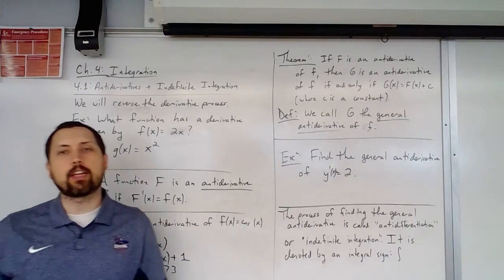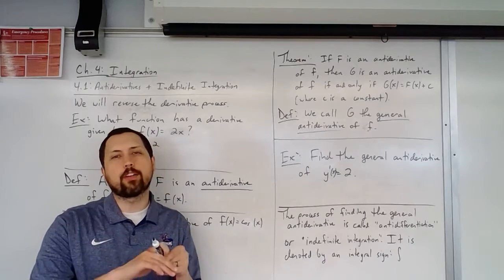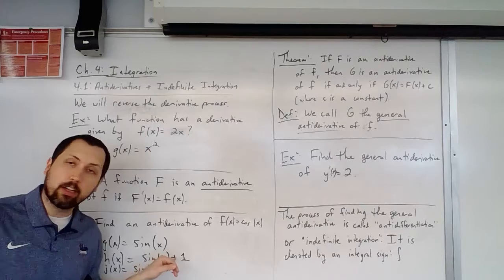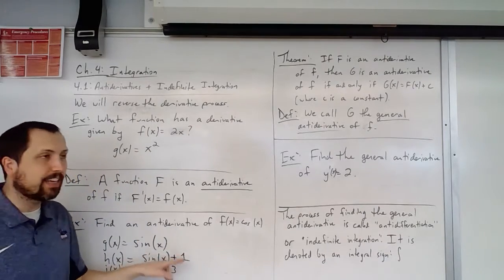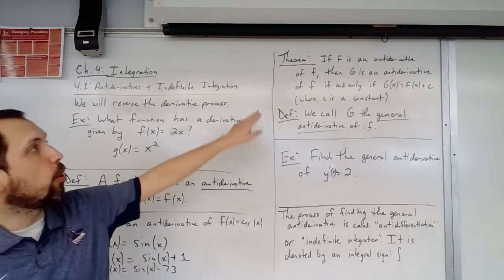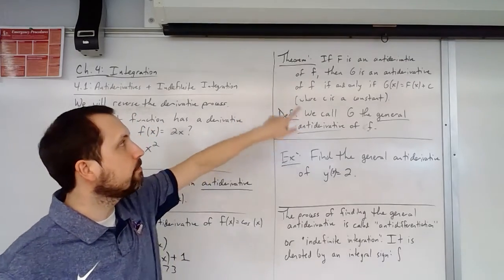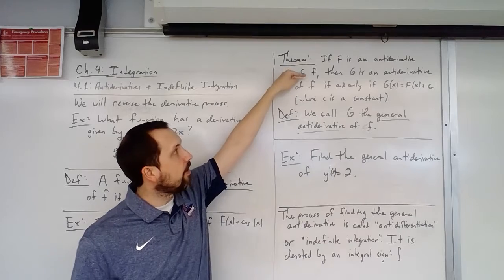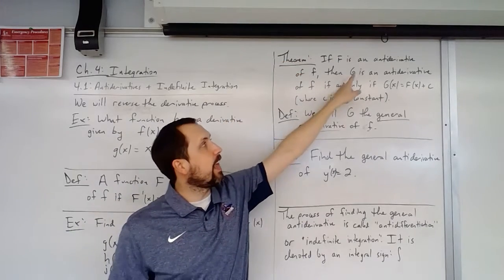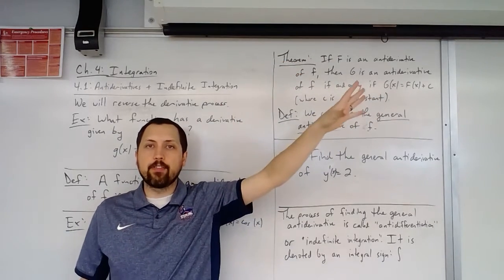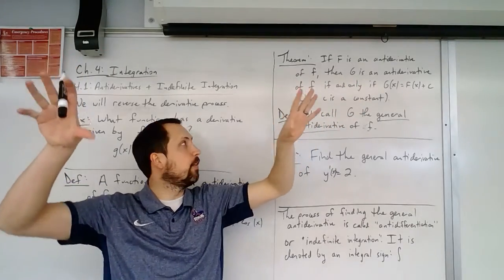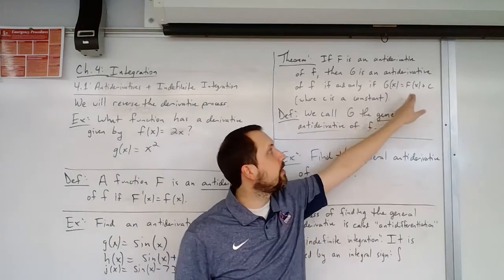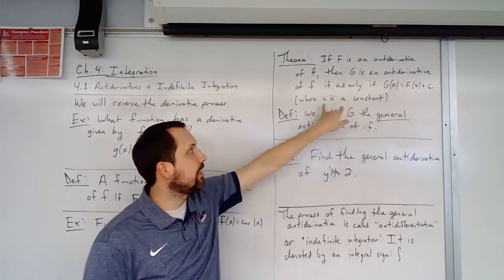Now, obviously, that's going to get really complicated if we allow there to be all different types of numbers at the end of this, right? Because I could also have plus 60, plus 193. There's a whole bunch of those. So we have this theorem that says that if this capital F is an antiderivative of f, then g is an antiderivative if and only if g of x is equal to F of x plus c, where c is a constant.